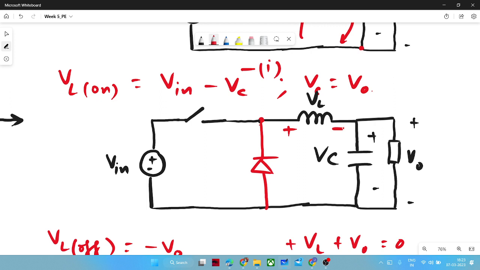Actually, what he is expecting is that we want to know how this diode is turning on during the off state of the switch. Sir, at that time the voltage across the inductor should be higher than the output voltage plus the voltage sufficient to turn on the diode.